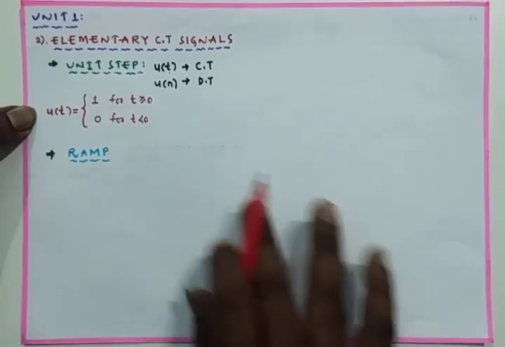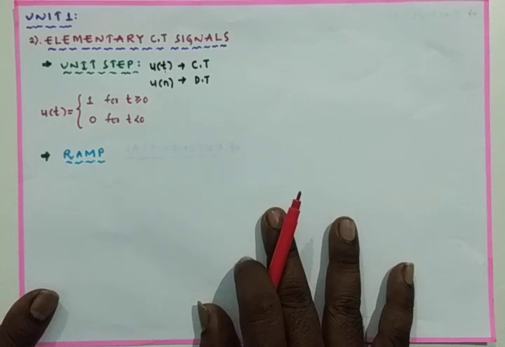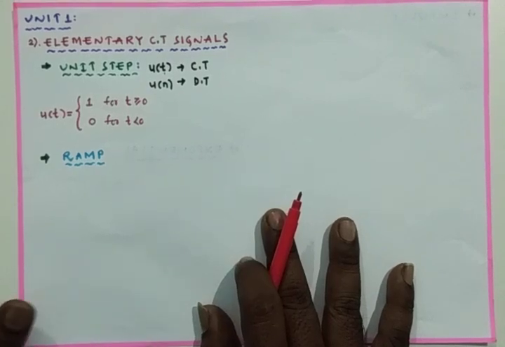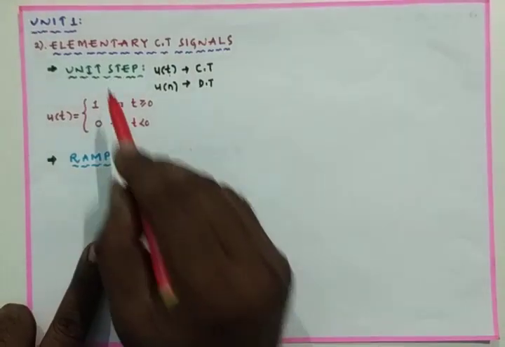It is a continuous time signal. By making use of this mathematical representation, we can easily draw the signal in graphical representation. In the last class I have explained how to draw the unit step signal, and this is about the continuous unit step signal.